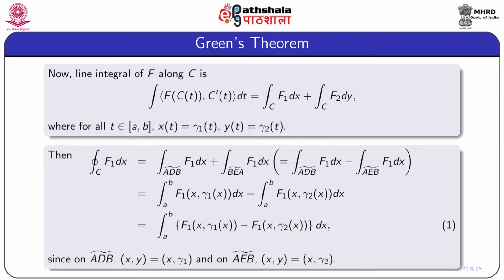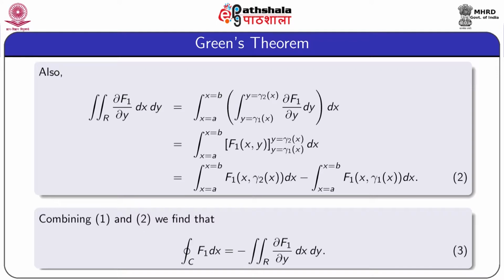Since on the curve ADB (x,y) equals (x, gamma 1(x)) and on the curve AEB (x,y) equals (x, gamma 2(x)). On the other hand, the double integral over the region R of ∂f1/∂y dx dy equals integral x equals a to b, integral y equals gamma 1(x) to gamma 2(x) of ∂f1/∂y dy dx.